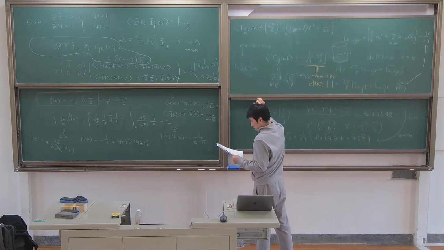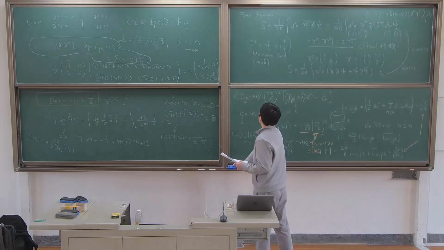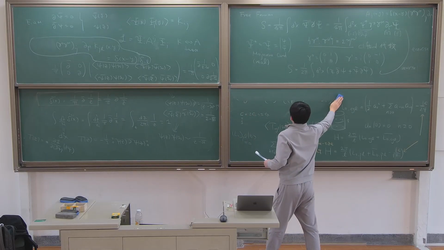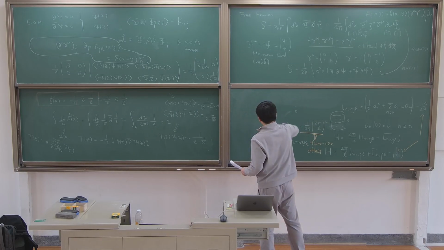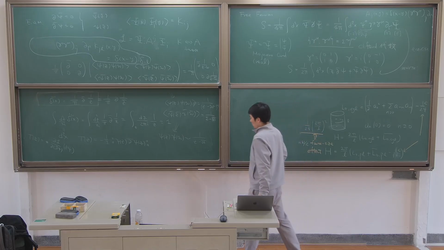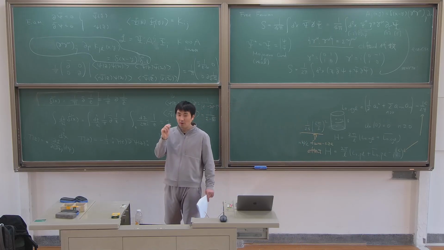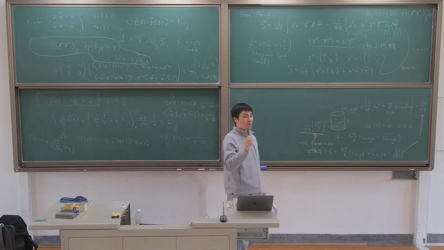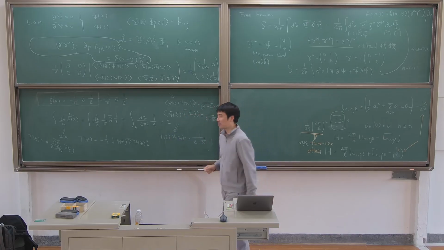Okay. So now we can consider the OPE between stress energy tensors. In CFTs, I just want to make the following message. This is the most important message I think I will give you.